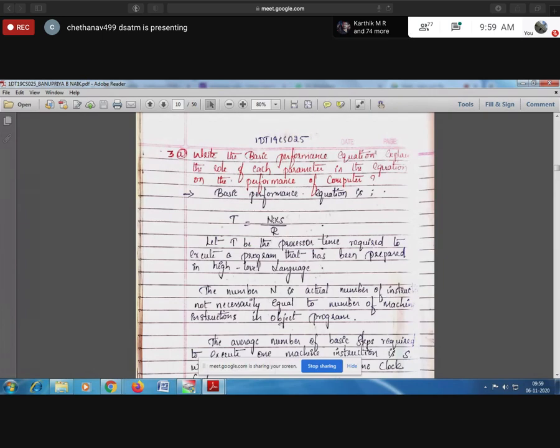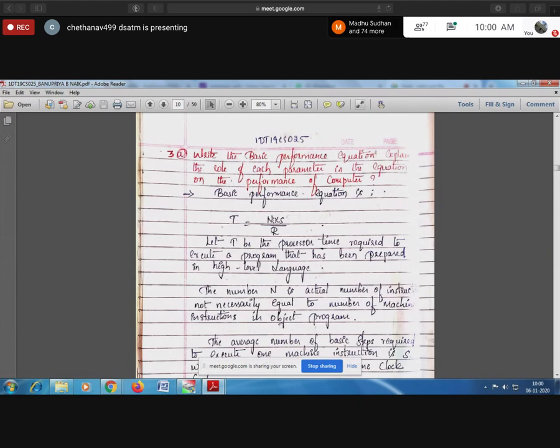But overall, I require the average. So what I'll do? First question 10 lines, second question 10 lines, third question 10 lines, for all questions 10 lines. Eighth and ninth question, 5 lines. I'll add: 80 plus 5 plus 5, that is 90, divided by 10 I will do. Hope you are clear.